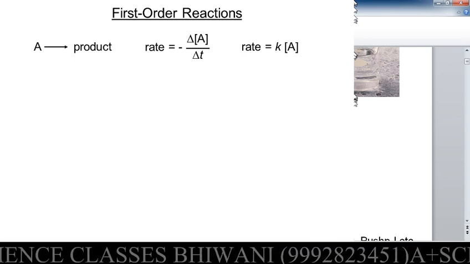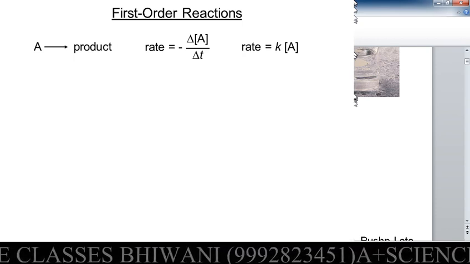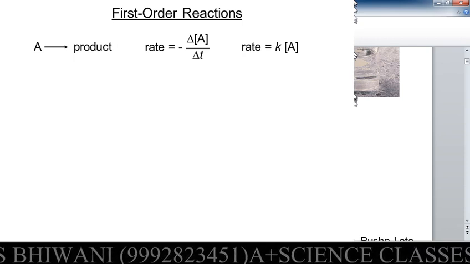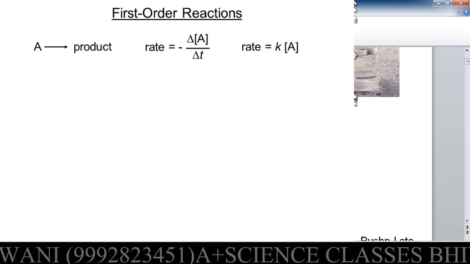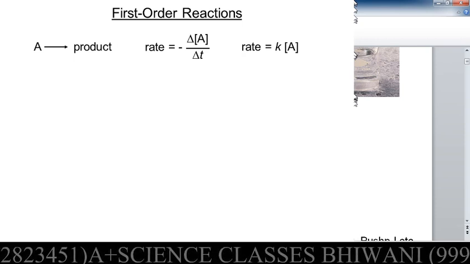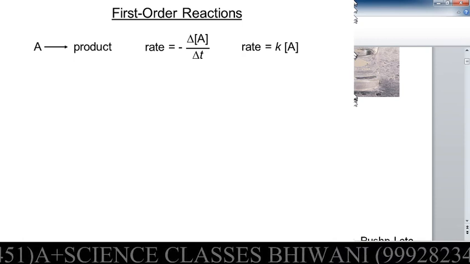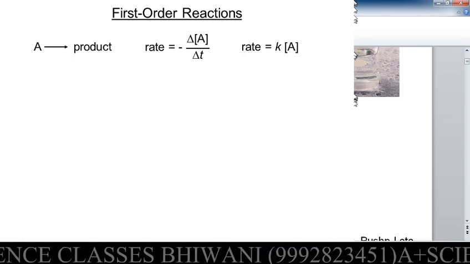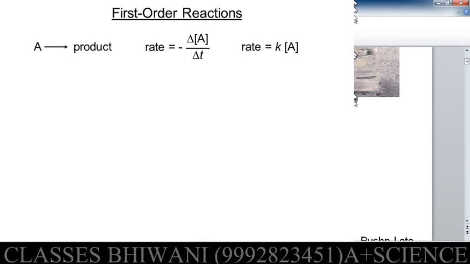Sufficient for today. We will continue with first order reactions, experiments and their derivations for initial and final concentration, how they can be utilized, and how we can find the half-life period of these. We will discuss all of this in our next lecture. Till then, please revise this.